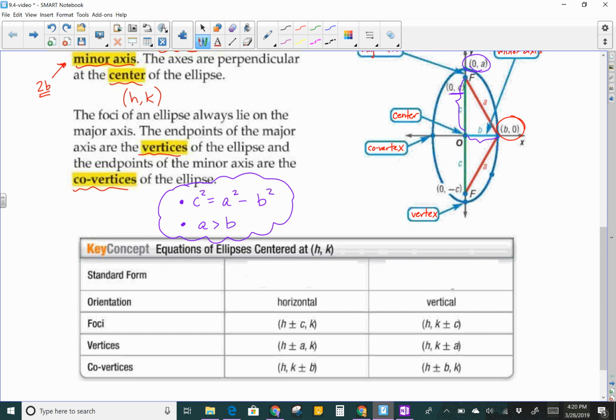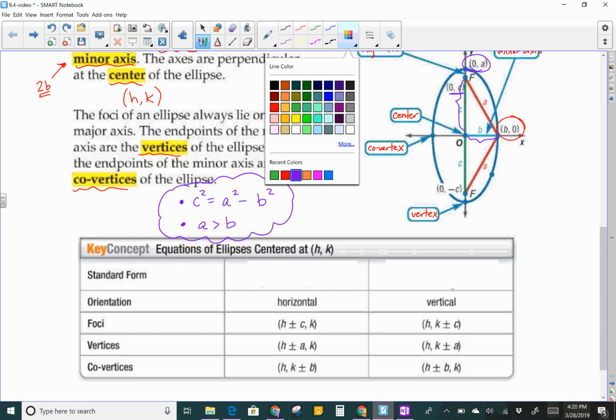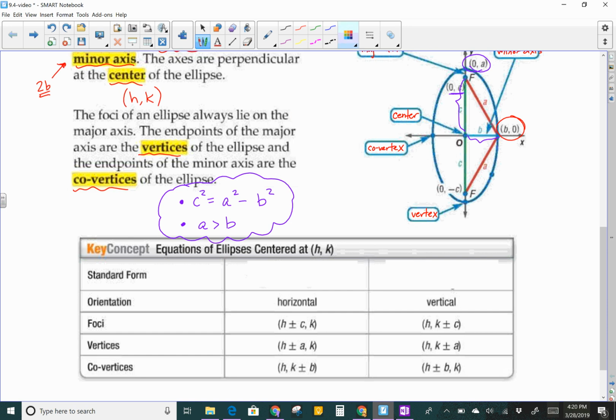Okay? Now, the equations that you have for these are in standard form, okay, (x minus h) quantity squared plus (y minus k) quantity squared equals 1. Now, if it's horizontal, that means that the bigger number is under the x, so it's going to be a squared and b squared.